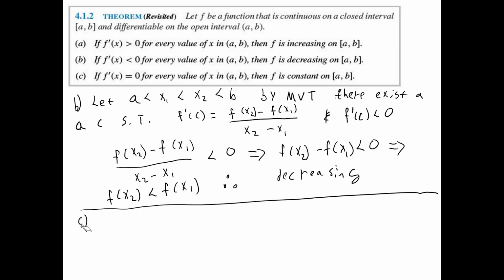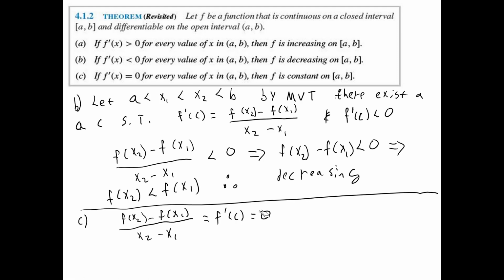So for C, you're going to choose an x1 and x2 between a and b, and so then the slope of the secant line, f of x2 minus f of x1, all divided by x2 minus x1, will have to equal f prime of c for some c in between them, but f prime of c is 0 for everything in that interval.